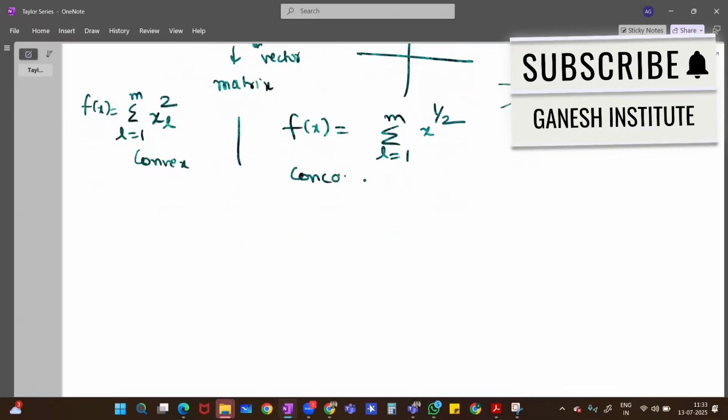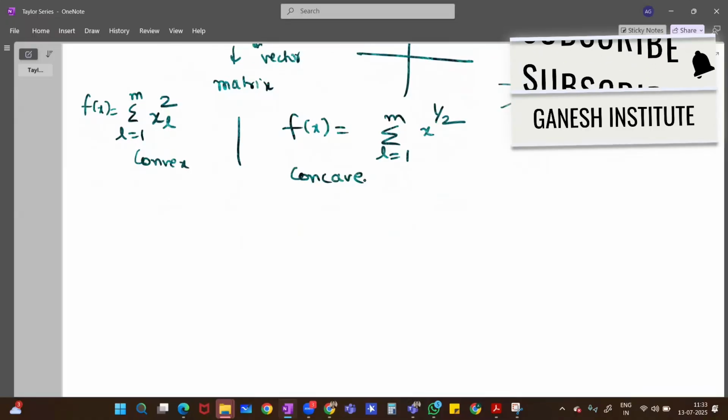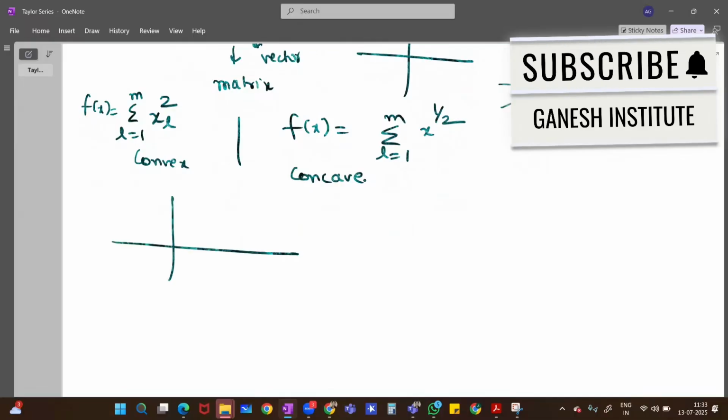Reasoning? Ma'am, for any value of x, the value of the function keeps reducing in the second one, and the value of the function keeps increasing from a point of vertex in the left one.